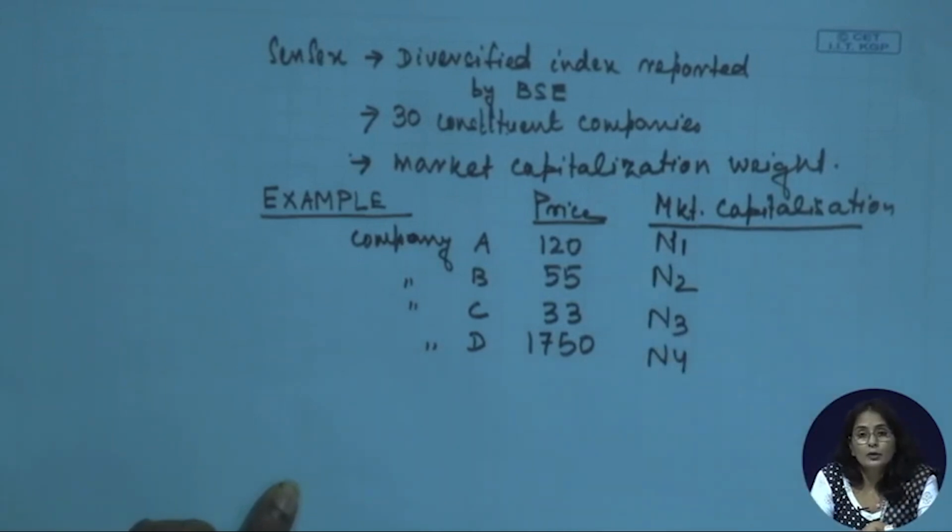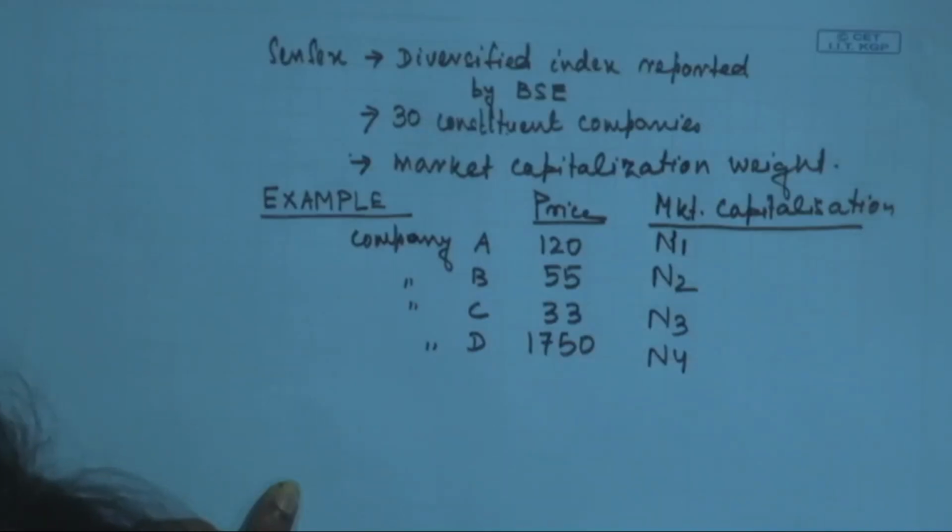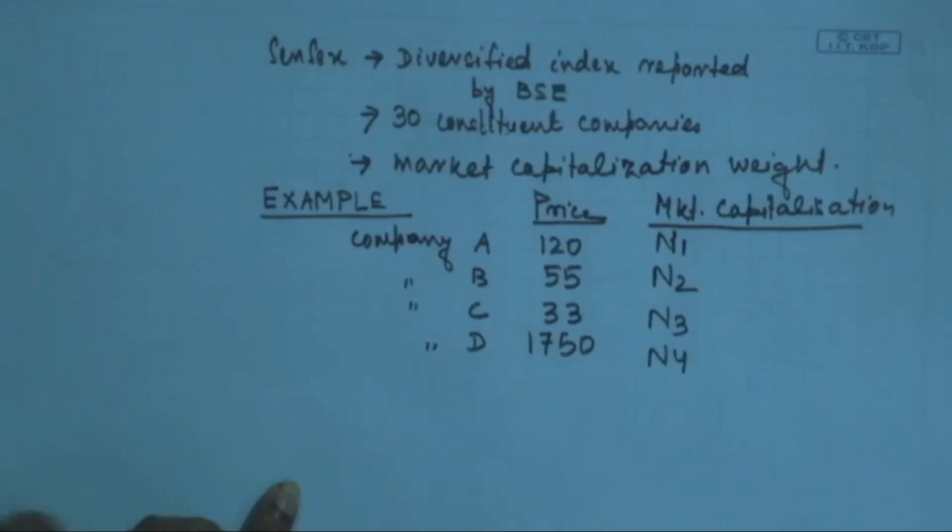This N1, N2, N3, N4 is the total number of free float shares available for trading for that particular company. Let's say company A could be 3 lakh shares, company B 50 lakh shares, company C some 7 lakh shares, depending upon the number of shares issued by the respective company and the number of shares which are freely available for trading.